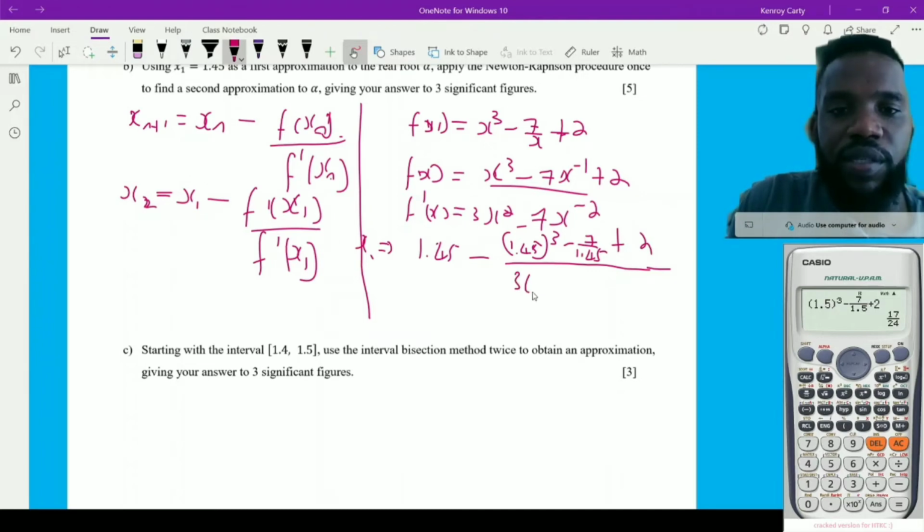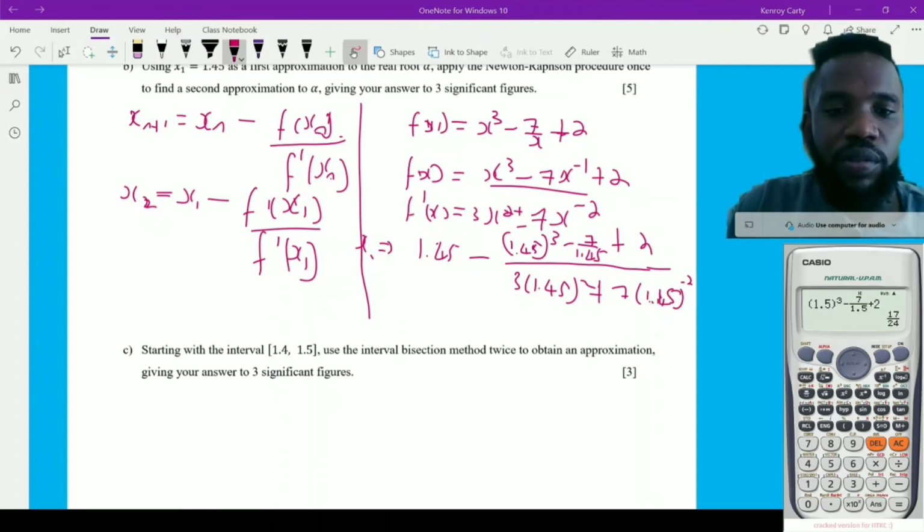Alright, same thing down here. F prime of x is this, that's 3 times 1.45 squared, plus, of course, plus 7 times 1.45 to the minus 2.